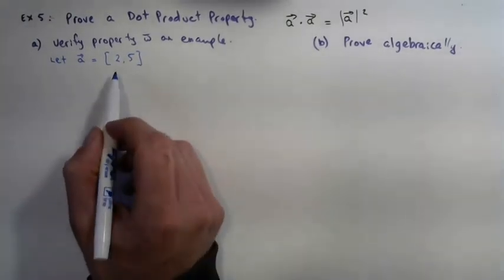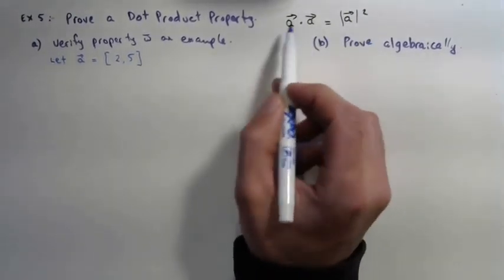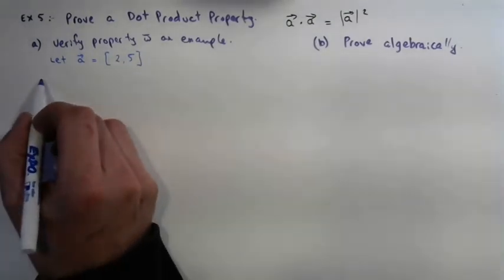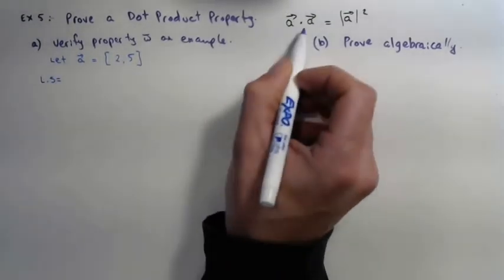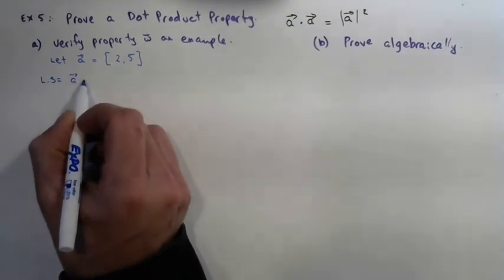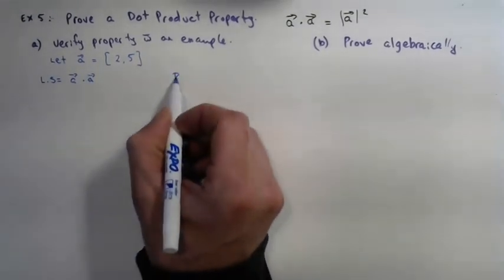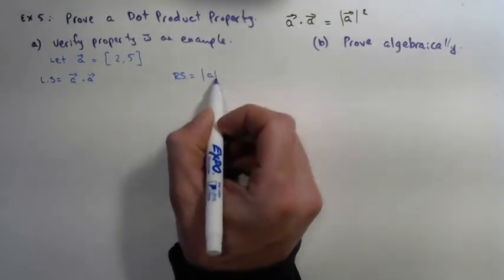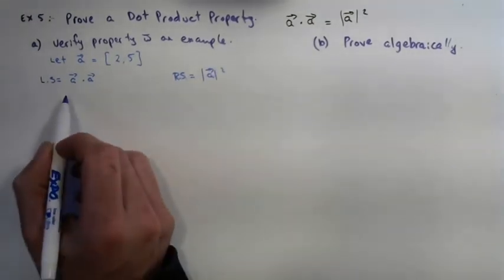Okay, so this isn't a proof. We're just verifying that this actually works out in this randomly chosen case. So left side is A dot A. Right side is the magnitude of A squared.